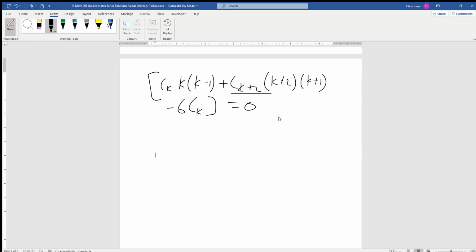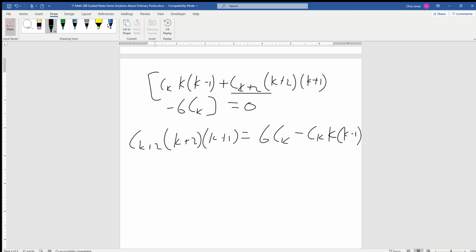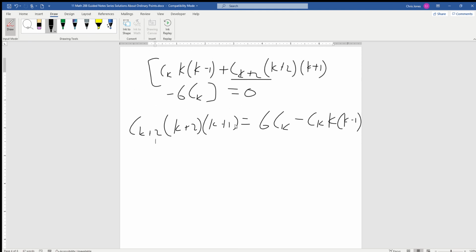So let's just do a little bit of algebra here. c sub k plus 2 times k plus 2, k plus 1, excuse me, is equal to 6ck minus c sub k, k minus 1. Alright, that looks pretty ugly, but let's divide both sides to solve for c sub k plus 2.